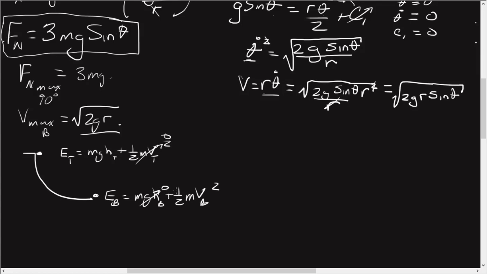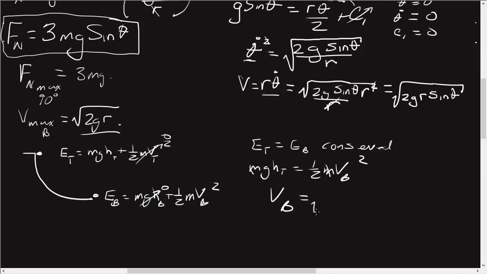And we're at the bottom down here at h equal to 0. And without friction, these are equal to each other. So we can say then that energy at the top has to equal the energy at the bottom. It's conserved. And we get mgh is equal to 1/2 m v bottom squared. The m's drop out. And we get v bottom is the square root of 2gh.